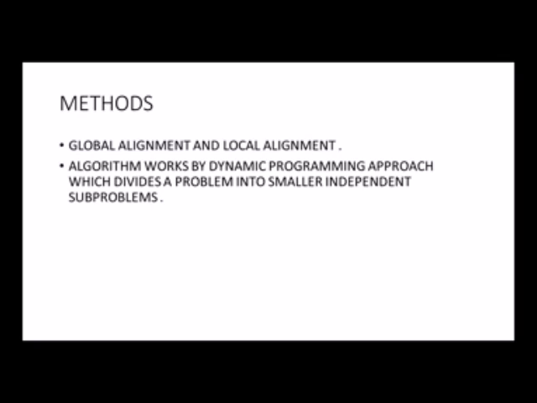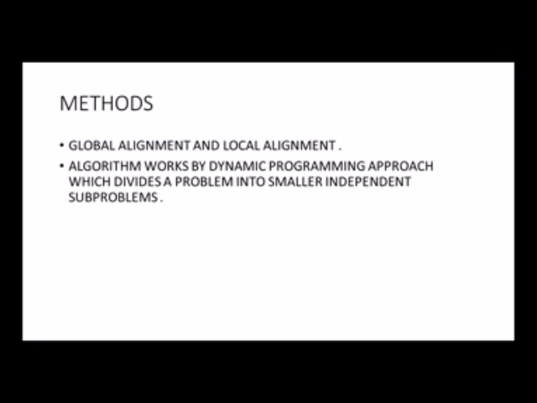What are the methods involved in sequence alignment? There are different methods involved. The first is the dot matrix analysis. Then comes the global alignment and local alignment. These come under the pairwise alignment concept. And then comes the multiple sequence alignment concept.